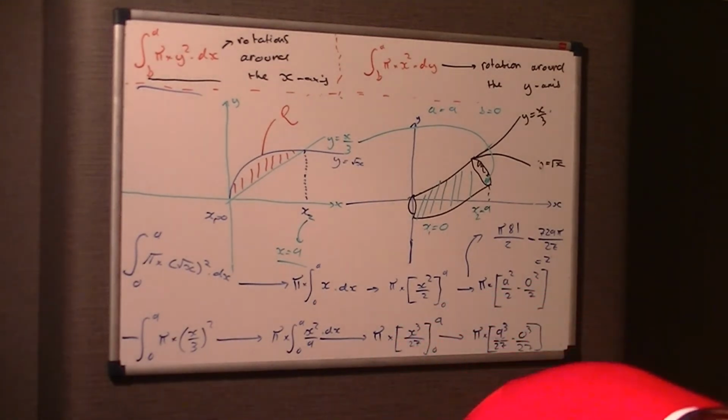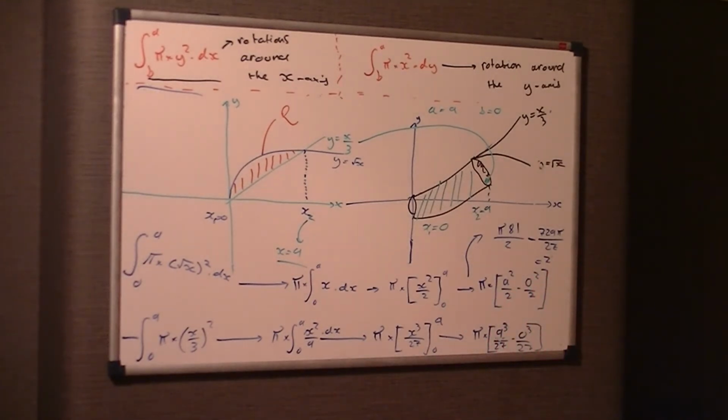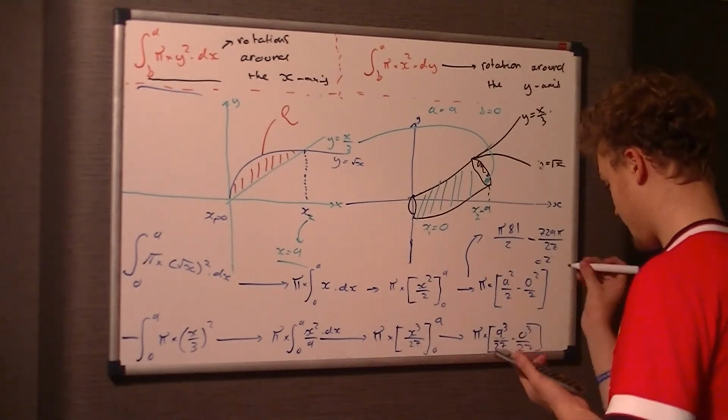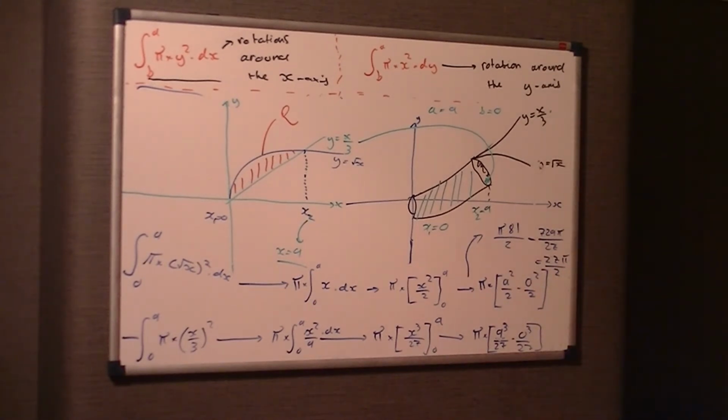Great, I thought I could do that without a calculator, but obviously it didn't work. So it's 81 pi over 2, take 729 pi over 27. Should be right now. You might have to check my answer for that. Yep, that's 27 pi over 2, which is what I was expecting it to be. So 27 pi over 2, or 27 over 2 times pi.